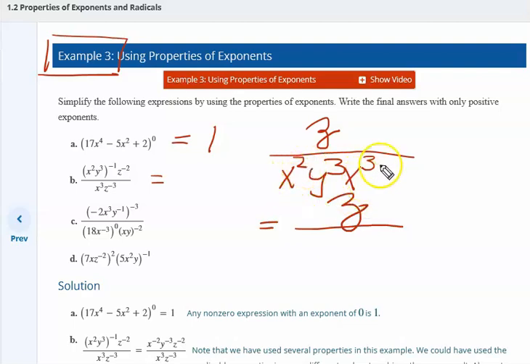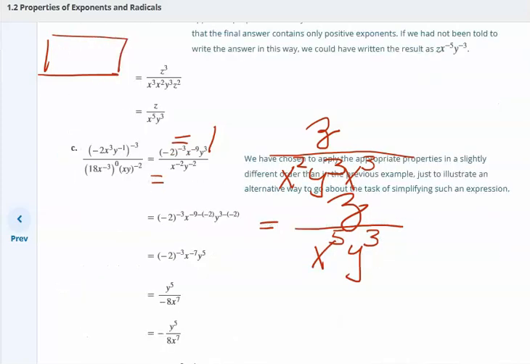X to the second, x to the third gives me x to the fifth, and then y to the third. Taking a little bit of calculation here, and I will raise it up so you can actually see the answer of how they're working it out down below here. And there it is there.